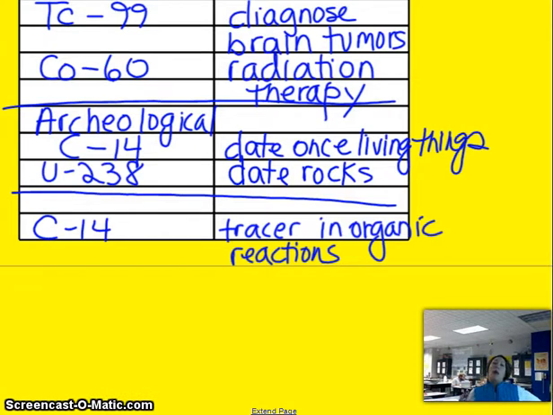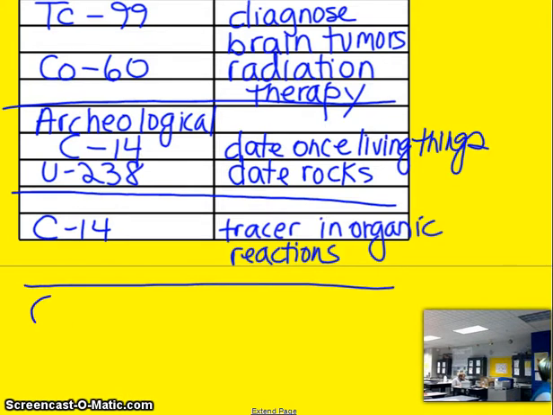For example, the way we know what we know about photosynthesis and how carbon dioxide is taken in through plants and goes to the chloroplast and there it's converted into glucose is by using radioactive carbon and then taking pictures and following its path. So that's what a tracer means, is we actually follow the path of this chemical in a reaction so we know how carbon is used. Okay?